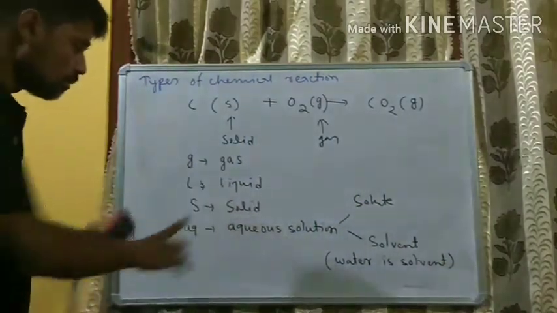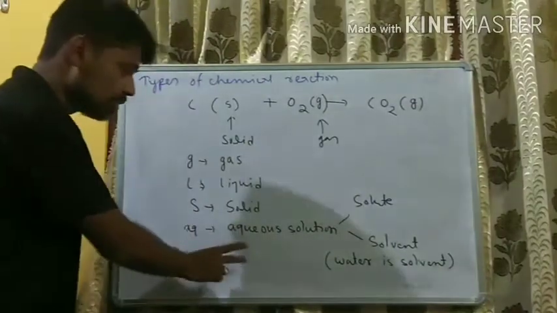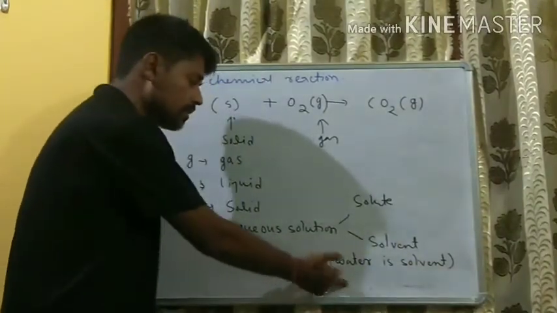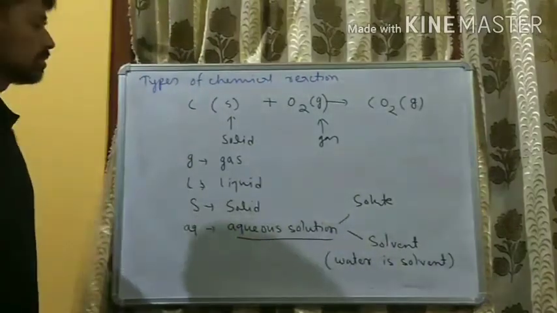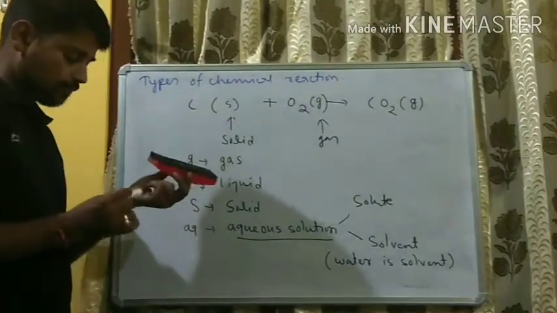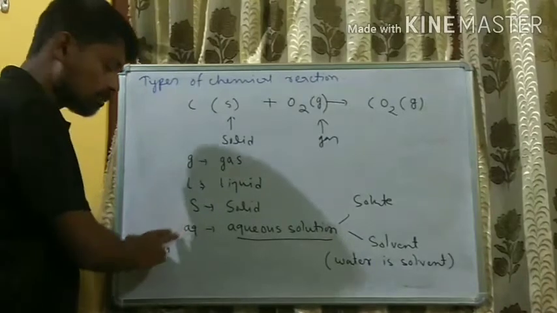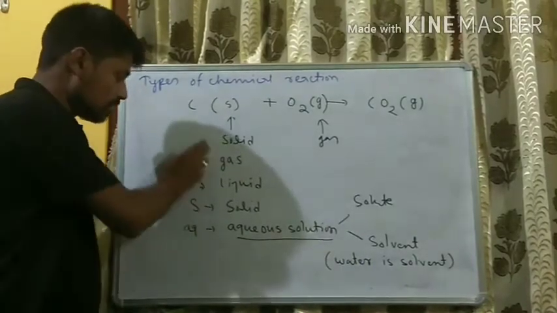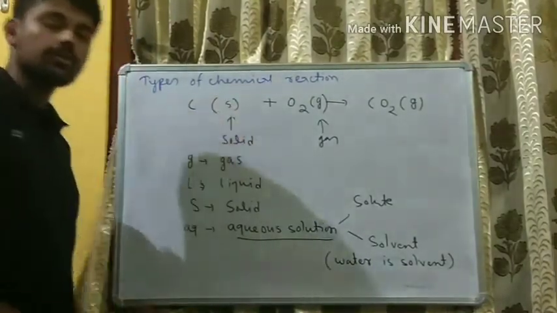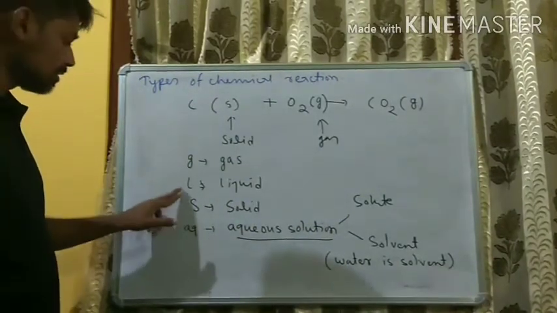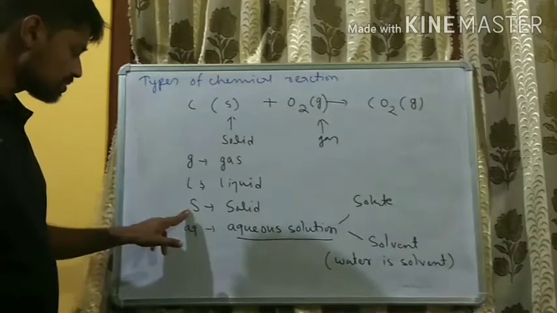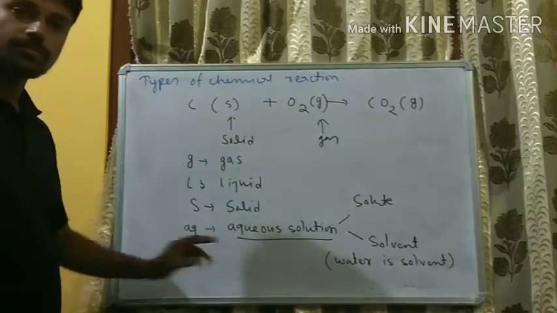These kinds of solutions are known as aqueous solutions. We can see this type of symbol in a chemical equation. So whenever you see G, it means gas, L means liquid, S means solid, and AQ means aqueous solution.